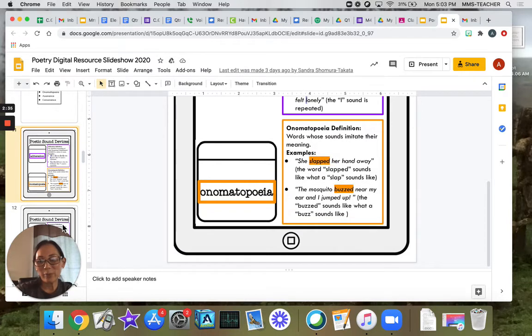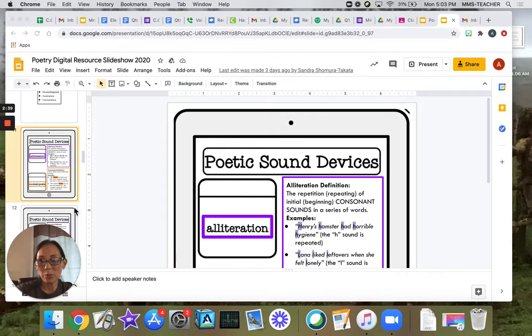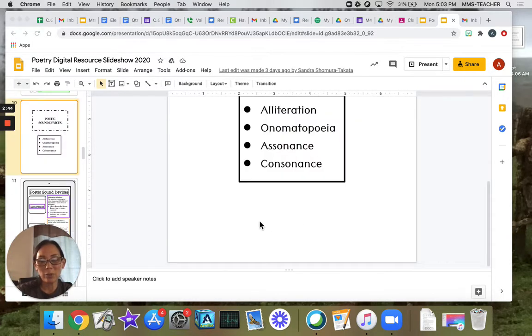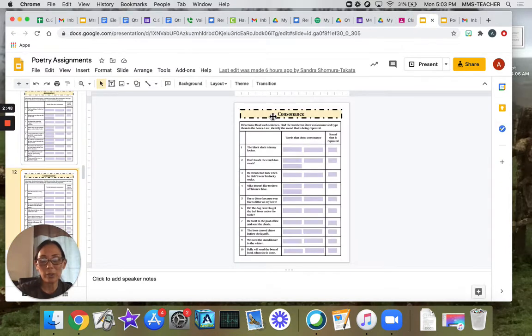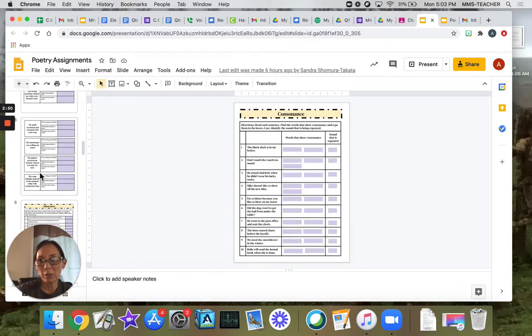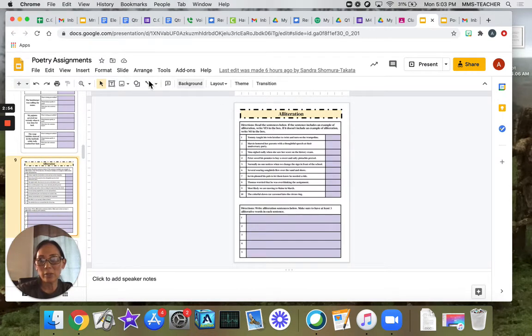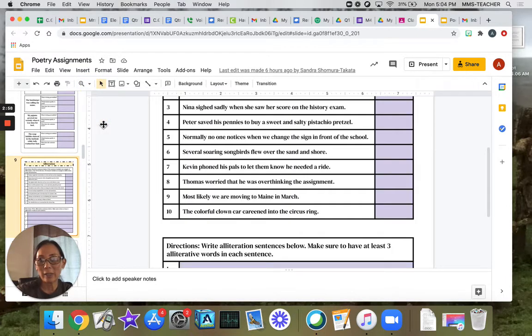Okay, now let's go to your assignment slides so you know what to do for your alliteration and onomatopoeia. Your assignment slides are on slides 9 and 10.